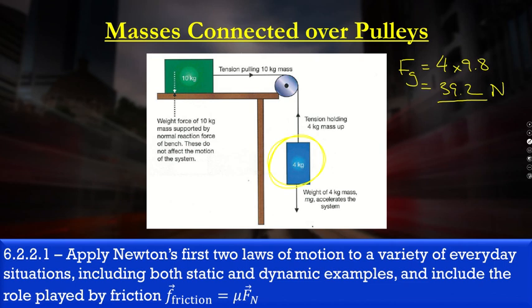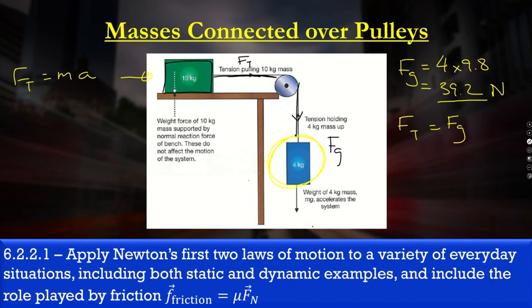What I said before, the tension that's experienced by our 10 kg mass here is from the weight force pulling this object down. So it still holds true that the tension force is equal to the weight force. So if I want to work out the acceleration of this 10 kg mass due to the tension force, F equals ma.